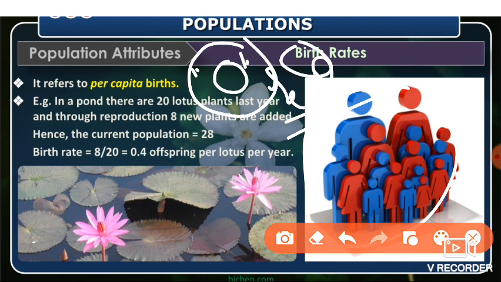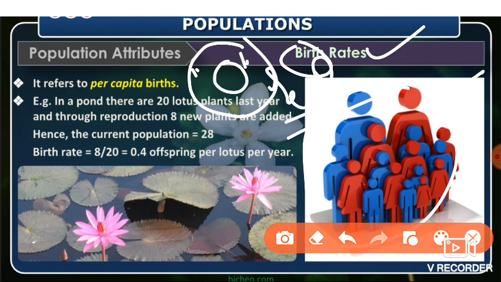When you think of the population, it is the birth rate of the population. Or when you take the death of an organism. But when you take the population, the death rate of the population depends on each and every organism. It is contributed by each and every organism in the population.